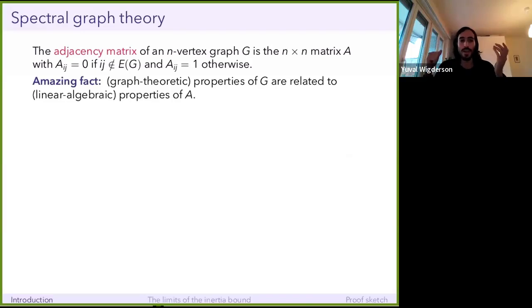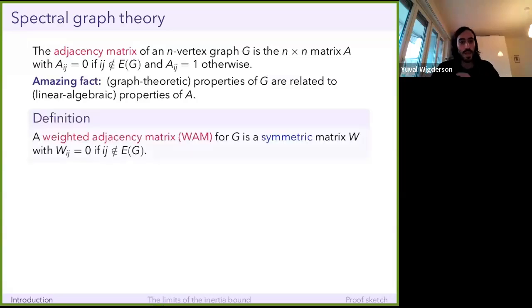It's just a way of encoding the edge relation of a graph. And it's not really a matrix because it's just an array of zeros and ones. But if you insist that it is a matrix and try to do linear algebra to it, that actually is useful and it tells you a lot about the graph. So linear algebraic properties of the matrix are related to graph-theoretic properties of the graph. I just find this astonishing.